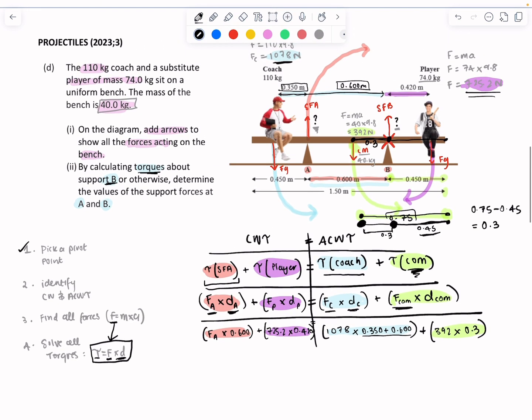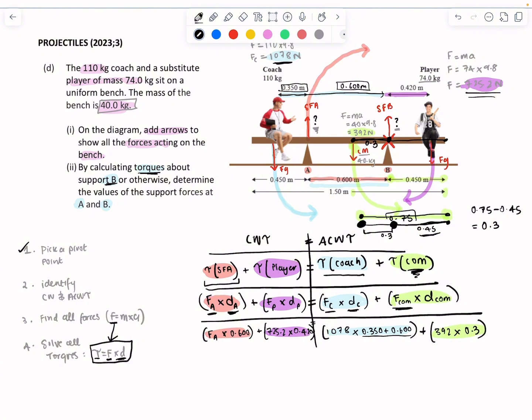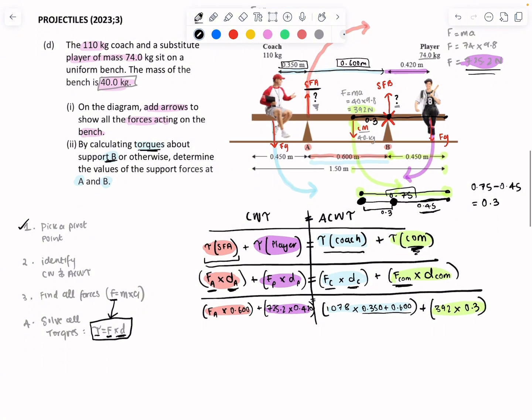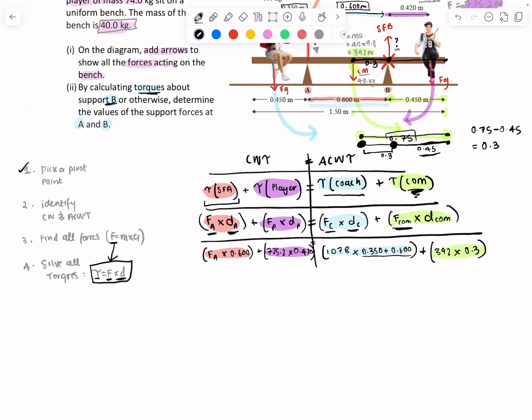So we need to try find the force provided by the support force A, okay? So have a look at the equation. We've got so many known variables and we've got this unknown force of support force A. What we can do for now is simplify everything so that the equation is a little bit easier to follow and less clunky.